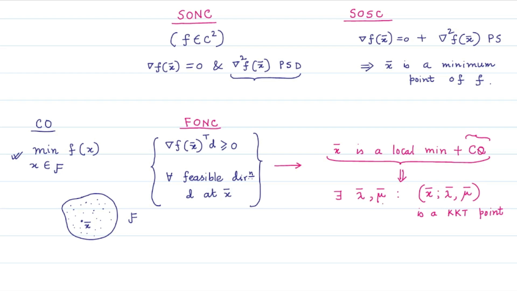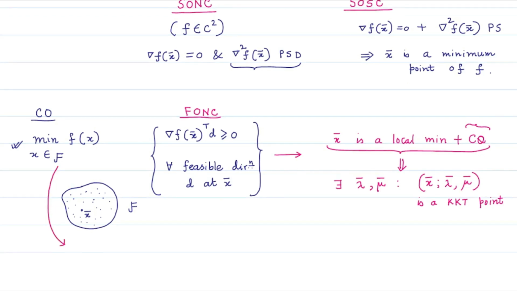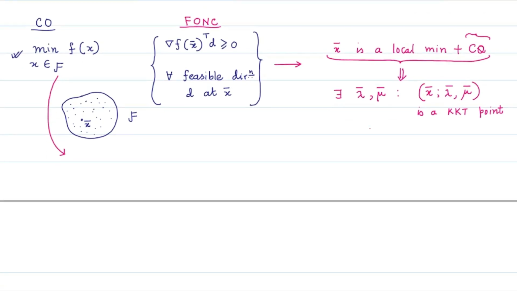Here, these lambda bar and mu bar are associated to the constraint functions, that is, if the constraint set capital F is given in a structured manner by inequalities and equalities, that this set capital F is the set of all points x belonging to some abstract set capital X, which is a non-empty open subset of the space R^n.